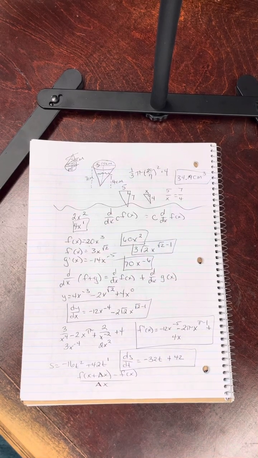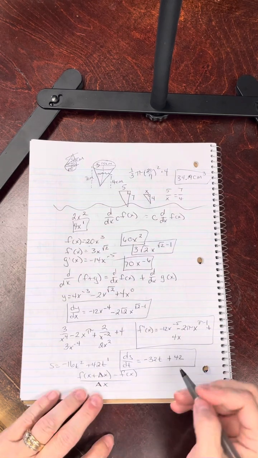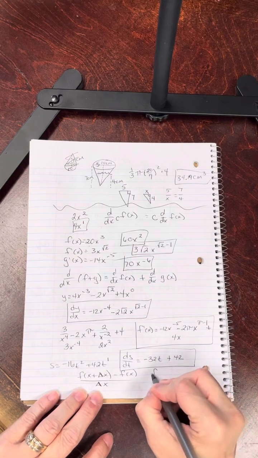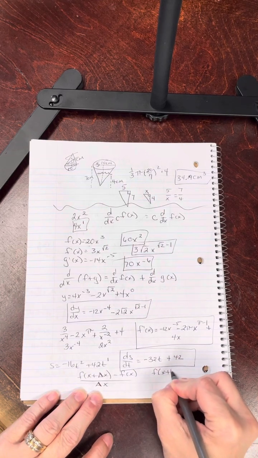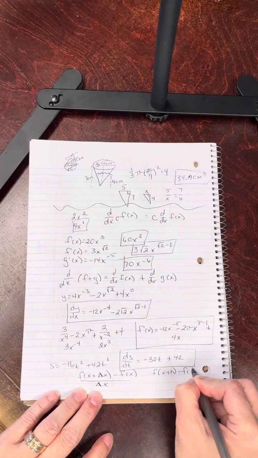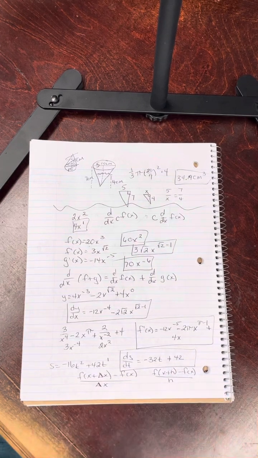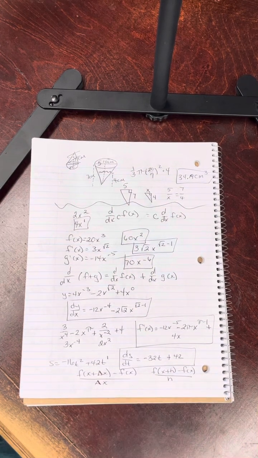And then they say, okay, we got tired, as mathematicians, most definitely, of writing this change in x every time, so we decided to substitute an h in there instead, so that now we're reading it as f of x plus h minus f of x all over h, and that is the same format as that.